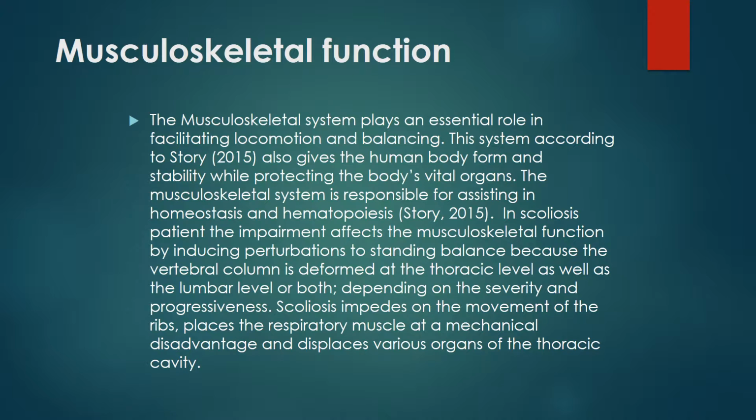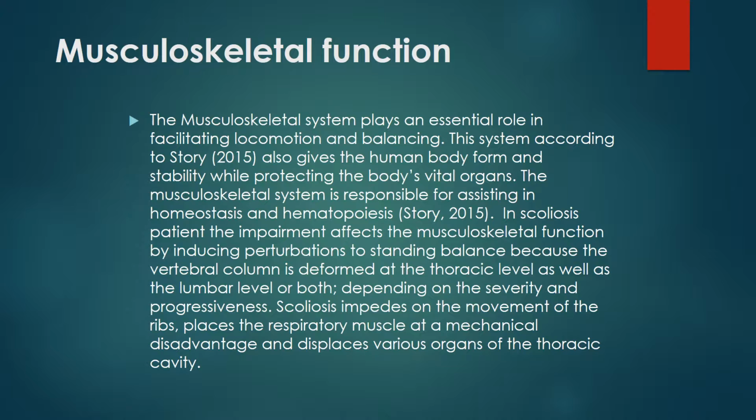So musculoskeletal system gives the human body form and stability while protecting the body's vital organs. If the musculoskeletal system is altered, it won't be able to perform in assisting in homeostasis and hematopoiesis.